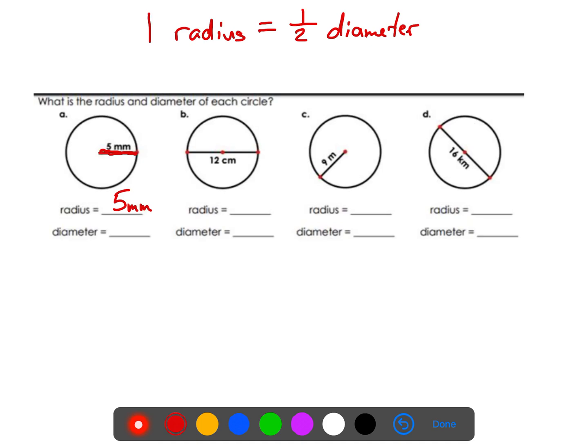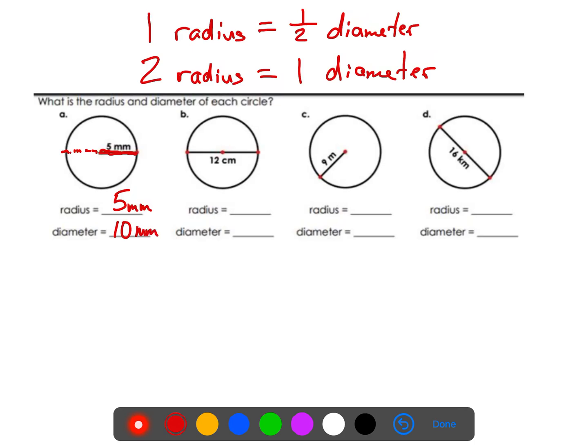And if I were to take that one radius and extend it to the other edge of the circle, now I have the full diameter. So one radius is only half of the diameter. 2 of the radius will equal the full diameter. So I'm going to add that to my notes here. 2 radius equals 1 diameter. So the diameter for circle A would be 2 radiuses, or 10 millimeters.